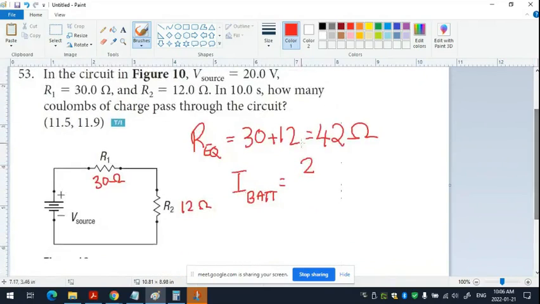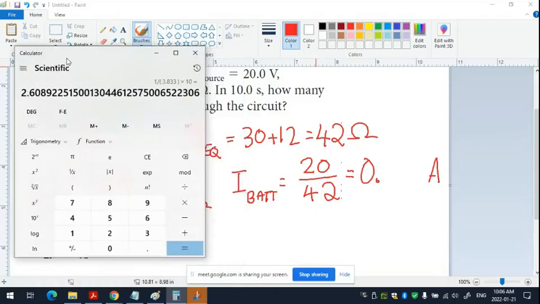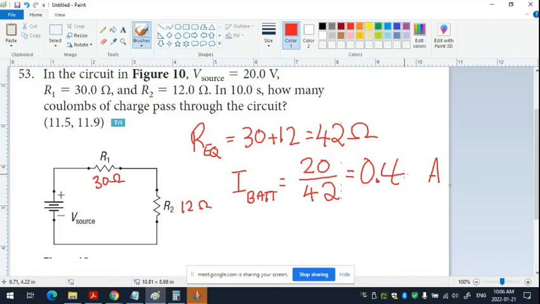Yes, 20 divided by 42, which is slightly less than half. How much? 0.476. Okay, I got the amperage.